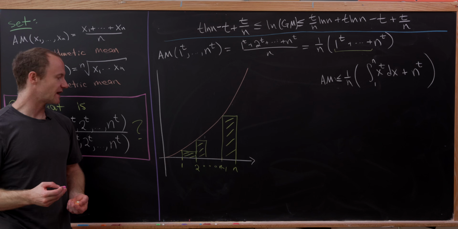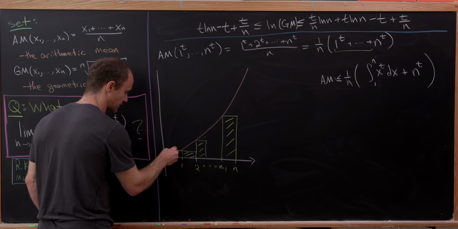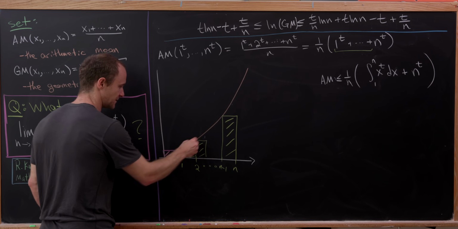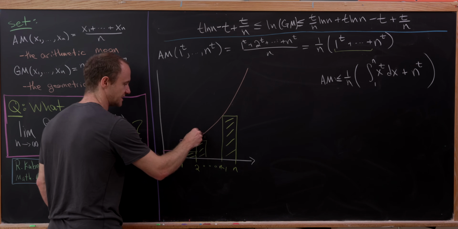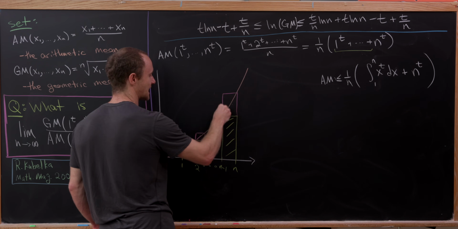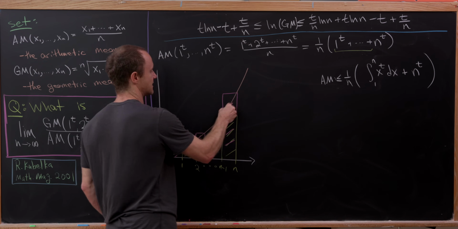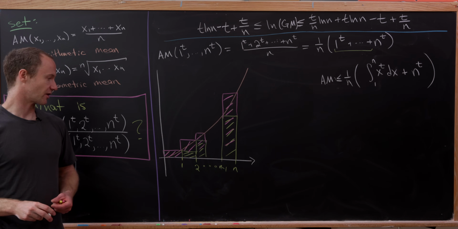Okay, so now let's play the same game with right-hand endpoints. So that'll give us a rectangle like this right here, a rectangle like this right here. The next one will be something like this, and then all the way up, the last one will be something like this. So now we're overestimating the area under the curve.